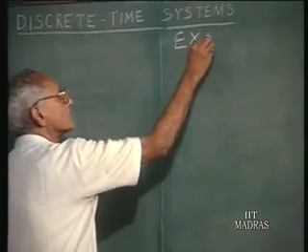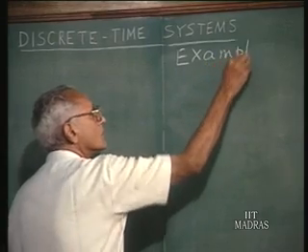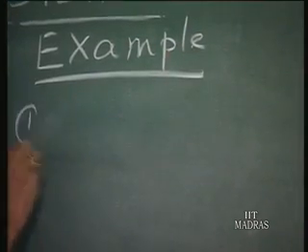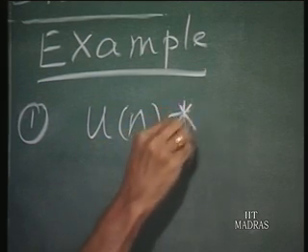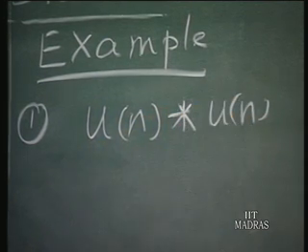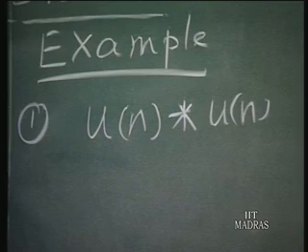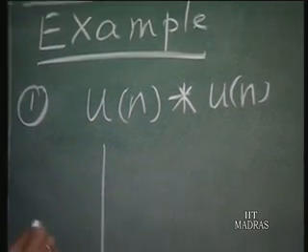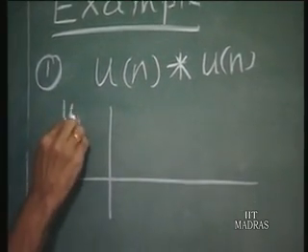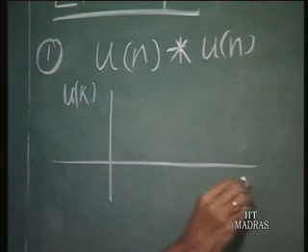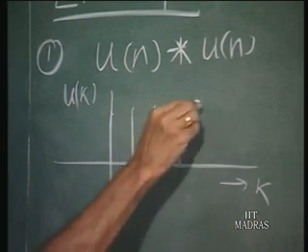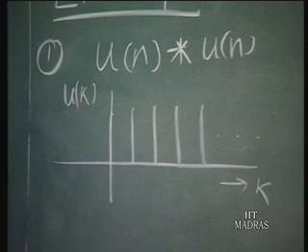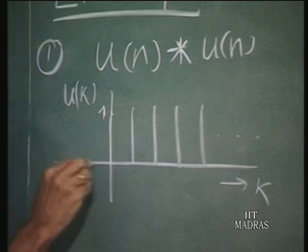Example. Let us take as a first example un convolved with un, the convolution summation of two step functions. To do this, we first plot uk versus k. That is a set of discrete values, a value equal to 1 for positive k.